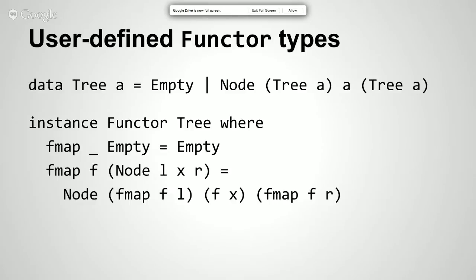And if we have node L x R, then we fmap that f on the left and the right subtrees, and we apply f to the x. And this is actually the only definition that works. So functor is not derivable without language extensions, but in most cases, there's only one sensible way to define functor on a type.